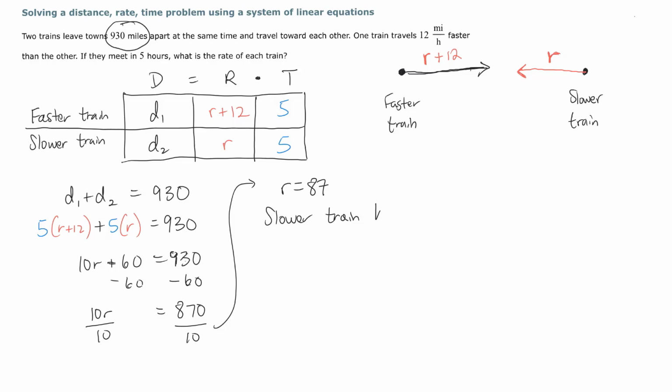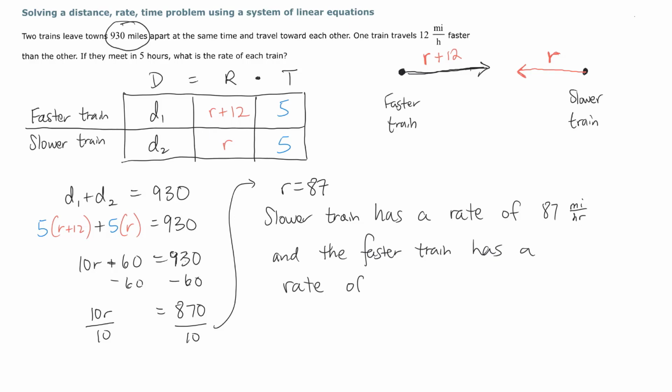The slower train has a rate of 87 miles per hour. And the faster train has a rate of 99 miles per hour.